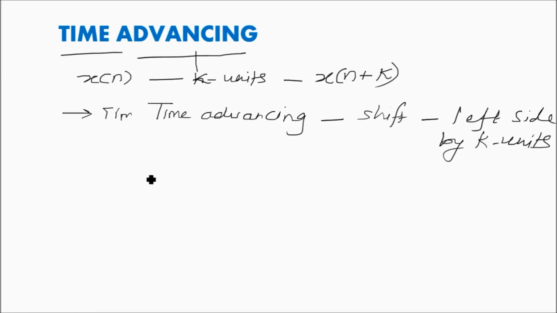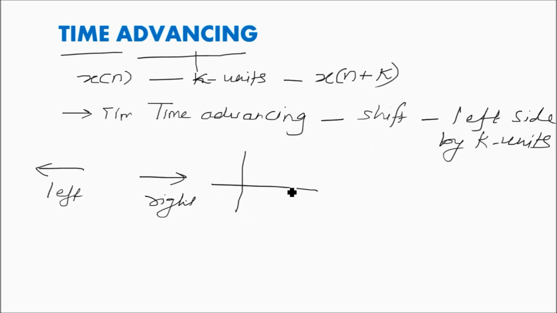If it is advanced, you shift the signal towards left, and if it is delayed, you shift it towards right.